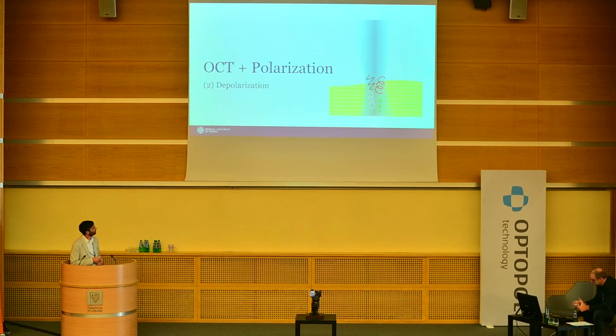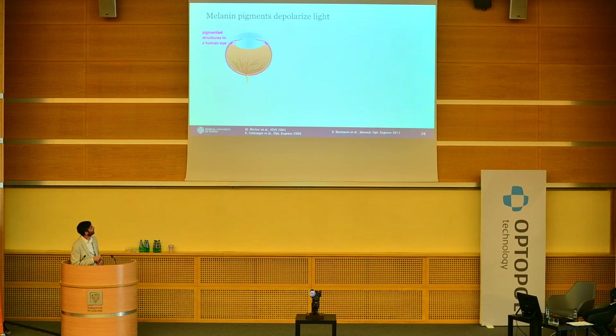Another topic where we can use polarization and OCT is so-called depolarization. This refers to the change of the polarization state, which depends on location. So different locations within the tissue would produce slightly different polarization states, and we can analyze this with polarization-sensitive OCT.